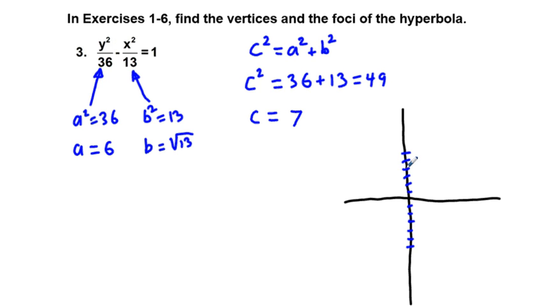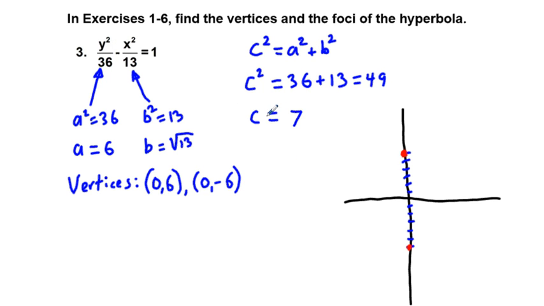And then our vertices are right here at 0, 6 and 0, negative 6. So I'll just write them down here. Vertices: 0, 6, and also 0, negative 6.